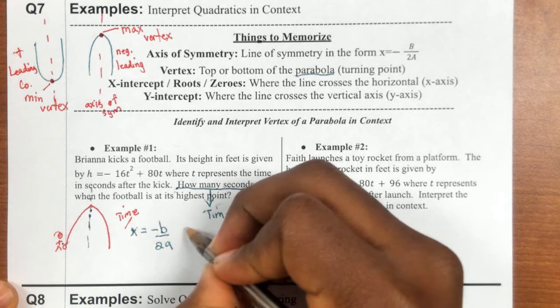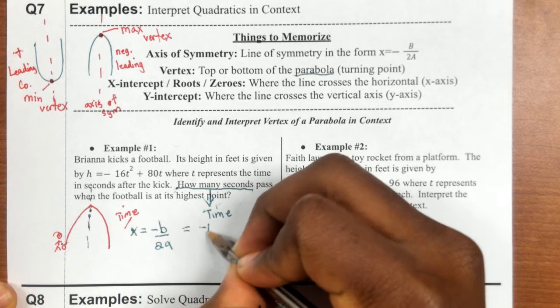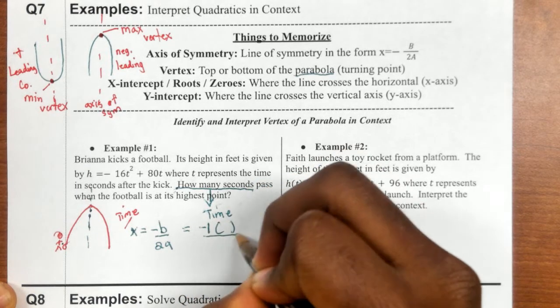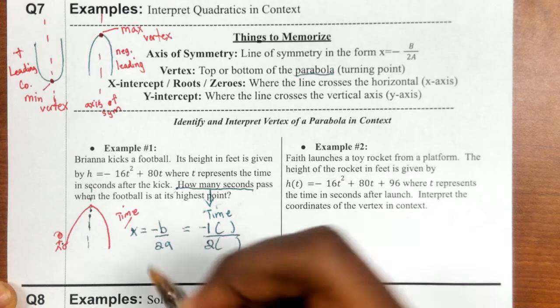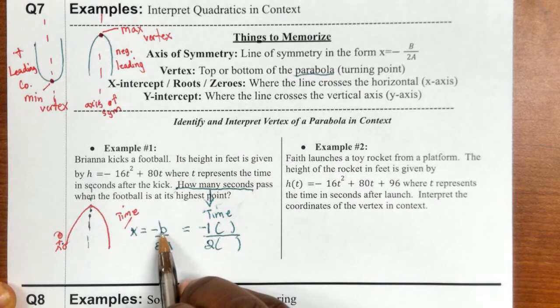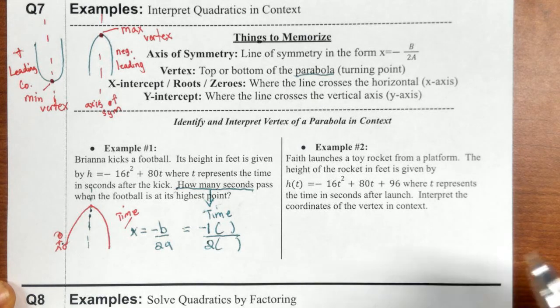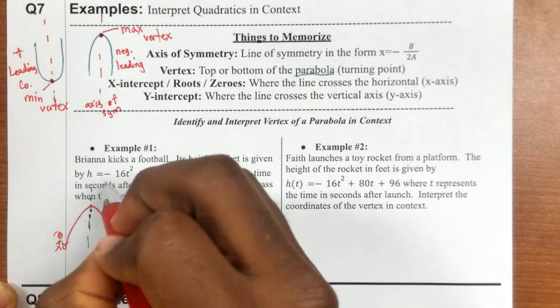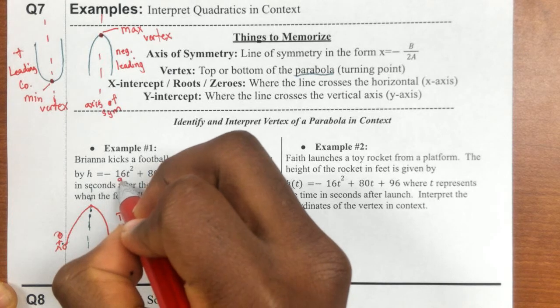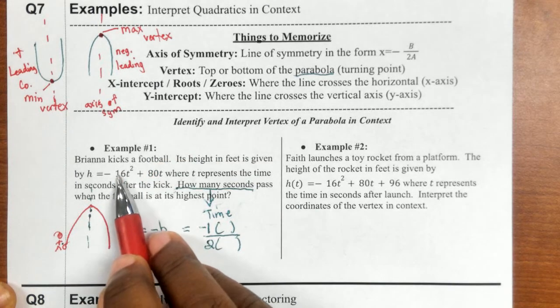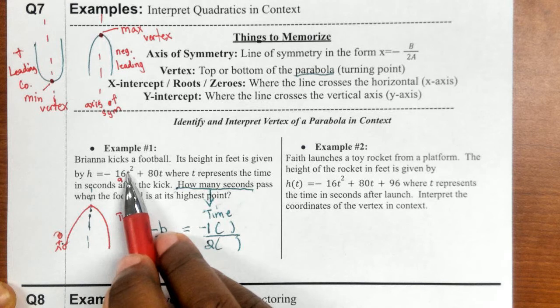A lot of times I'll set this up like negative 1 parentheses over 2 parentheses, because technically in front of this b is a negative 1. You're probably wondering, what are these a's and b's that I'm talking about? Well, my first coefficient is my a, because it's the first number that leads my equation.